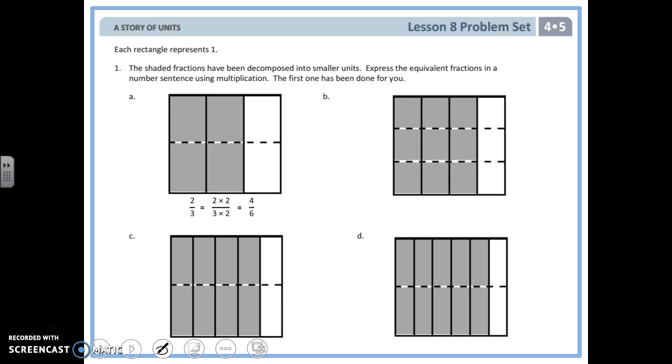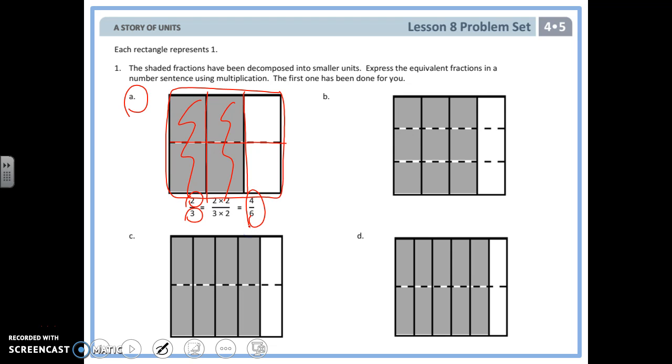So this one, for example, letter A, it starts off with 2/3. So we see the entire rectangle is here. It's divided up into 3 parts. So that's why we have 3 as our denominator, and we have 2 whole parts shaded in. When we divide it up into 2 smaller parts, then we multiply the numerator and denominator by 2, and that gets us our 4/6 right here.